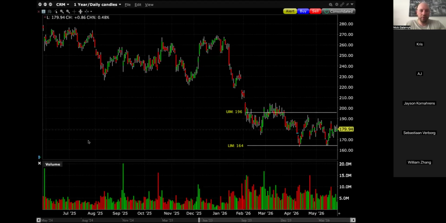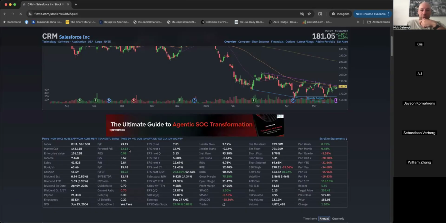This is a very holistic approach to looking at earnings. So you can see the forward PE is 12 and the price to sales is 3.57. Now, historically, it's been about 3 to 4 times what it is right here. So the valuation is actually pretty cheap at the current price.